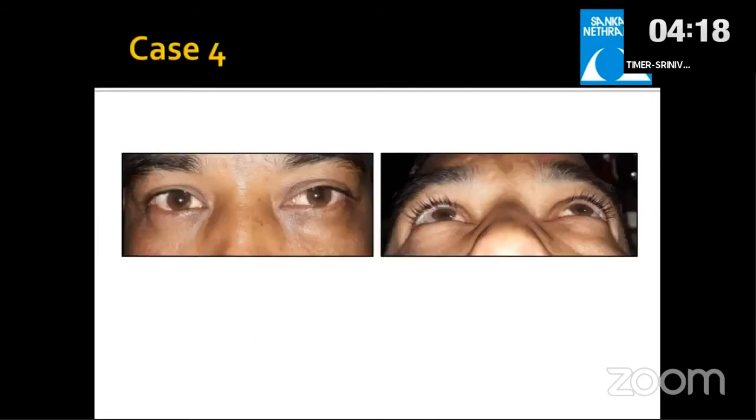Now here, this is a post-operative picture of a patient. Right-sided orbital fracture repair has been done, and there is not much enophthalmos, but the patient is worried, wondering how such a big implant went into the orbit. So we routinely do this post-operative imaging.